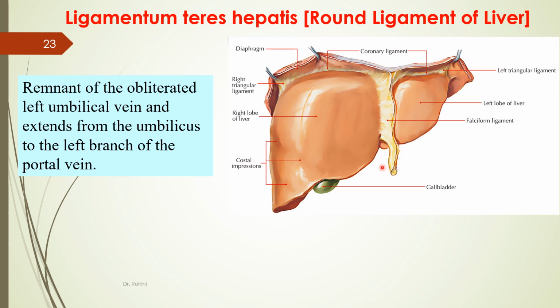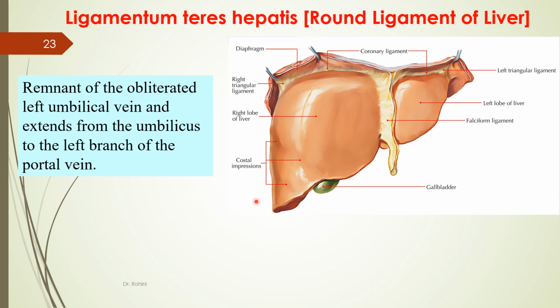This free margin contains the remnant of the obliterated left umbilical vein. In fetal life, we have two umbilical veins, of which the right disappears and the left remains as such. The obliterated part of the left umbilical vein extends from the umbilicus to the left branch of the portal vein. This is called your round ligament or ligamentum teres hepatis.